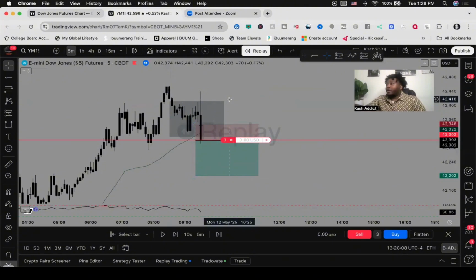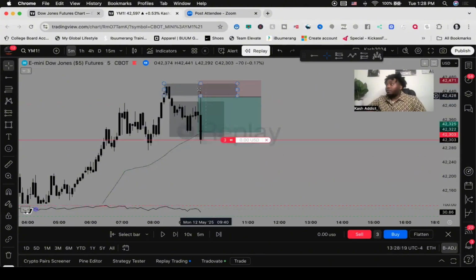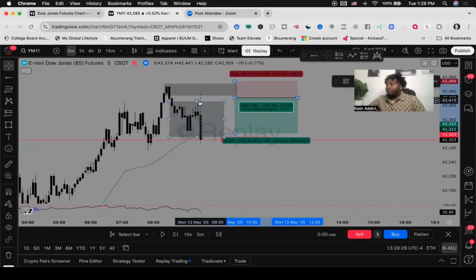Now, for my advanced traders, you could have got a better entry right here at this supply. So this trade could have been in your favor right here. Tap the supply, boom. But once again, this is a breakout strategy, and I just want to show why this buy wasn't valid once it actually broke out the actual box.